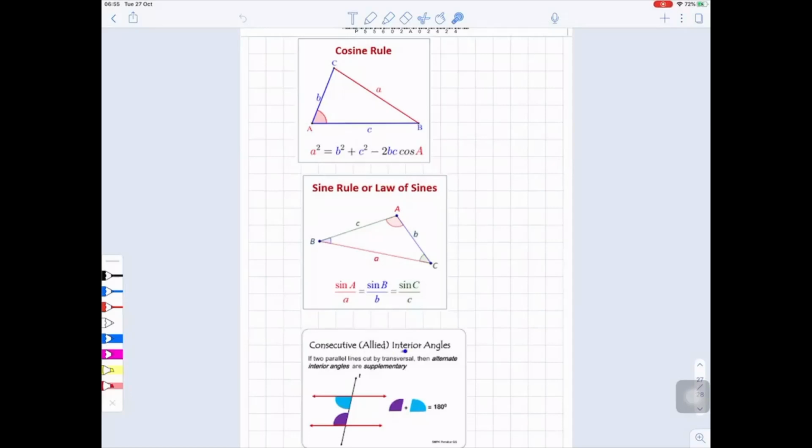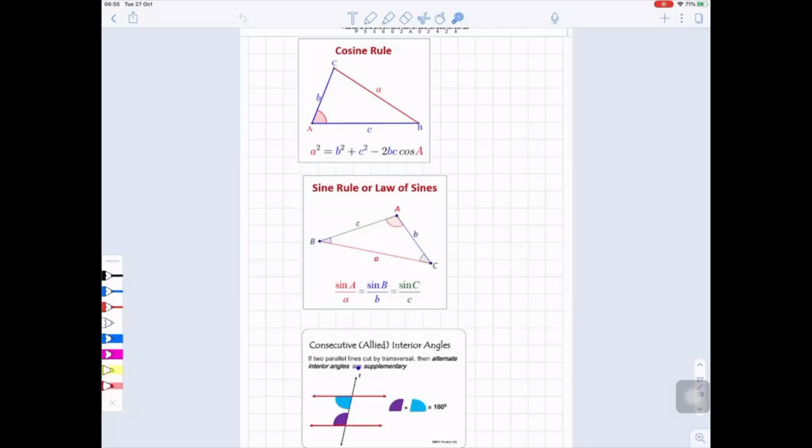Consecutive interior angles, or what they call allied angles. If two parallel lines are cut by a transversal, then the interior angles on the same side are supplementary. What that means is, you see the two red lines, they are like train tracks, they are parallel.